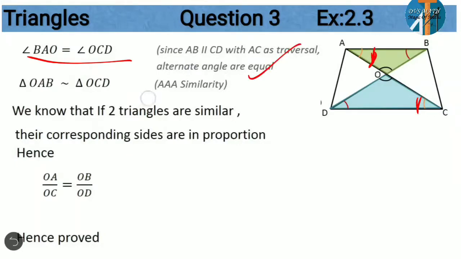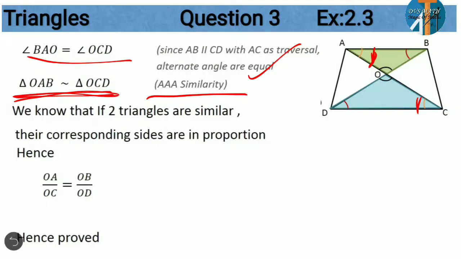So by the AAA similarity theorem, these two triangles are similar. The first is that vertically opposite angles are equal. Number 2, if AB is parallel to CD, then the diagonals are transversals, so alternate angles are equal, and using the AAA similarity theorem, you can conclude that these two triangles are similar.